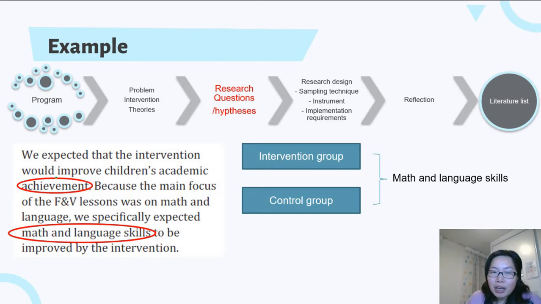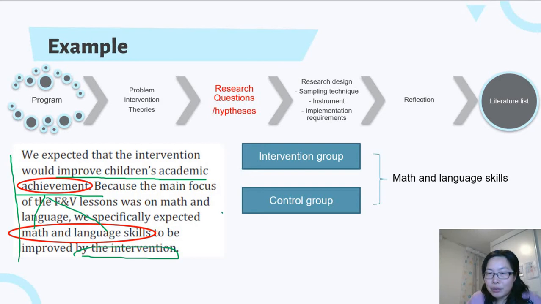They focus on the improvement of children's academic achievement. Specifically, that is the math and the language skills, whether they have been improved by the intervention.